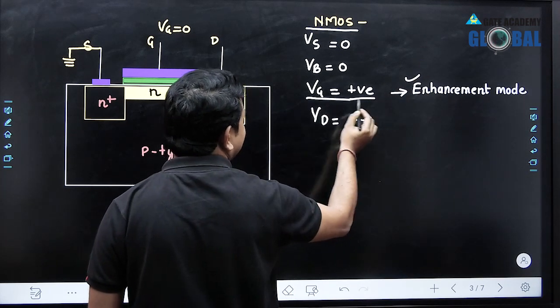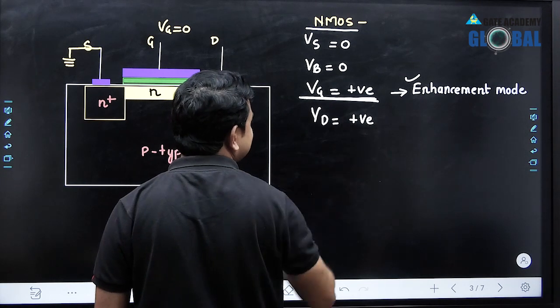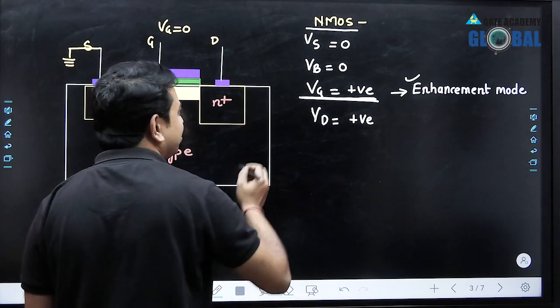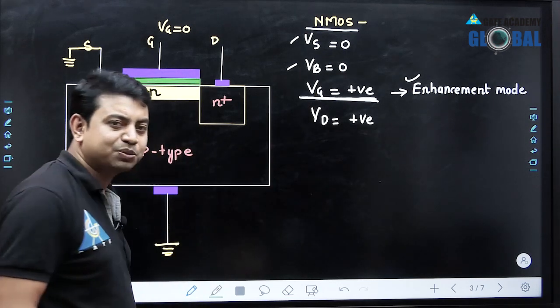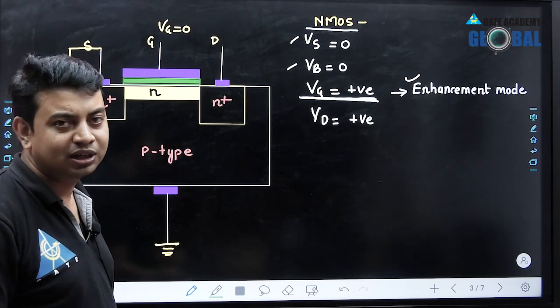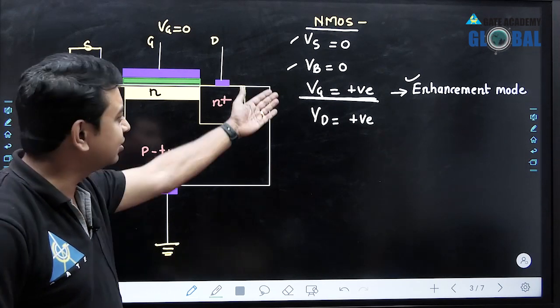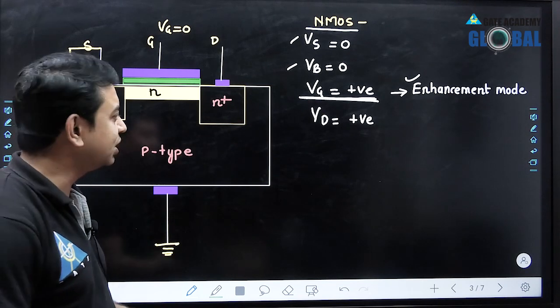So if the gate terminal voltage is positive, that means we are working in enhancement mode. But there is no difference for the source terminal and body terminal. Either in enhancement or depletion type MOSFET, we have to connect these 2 terminals together, because both are at the same potential.